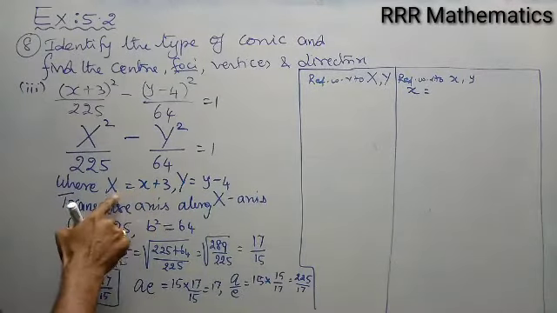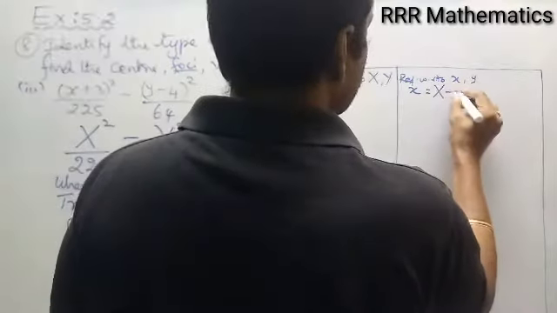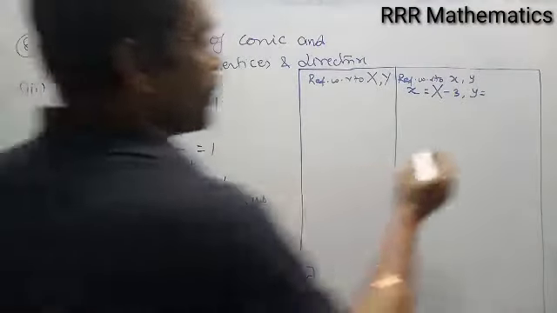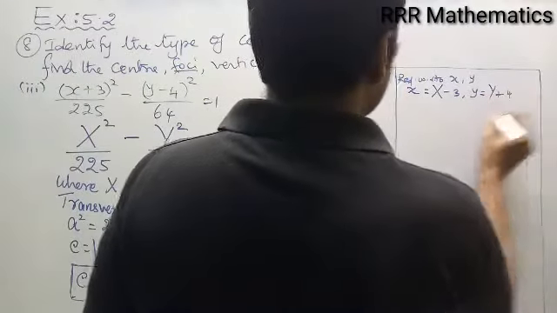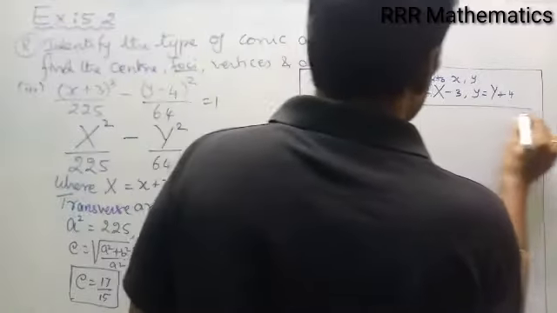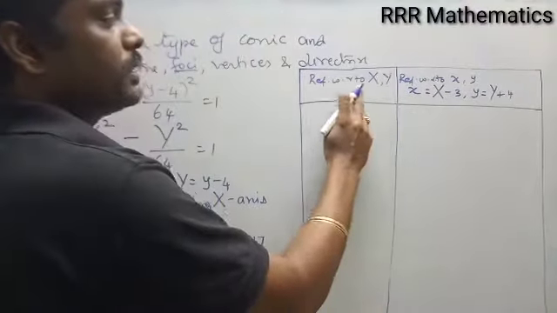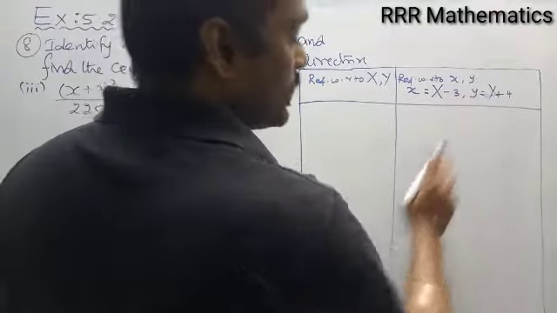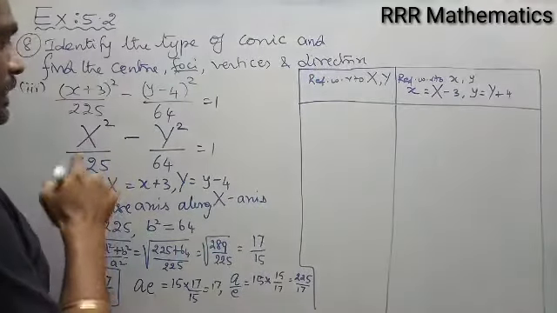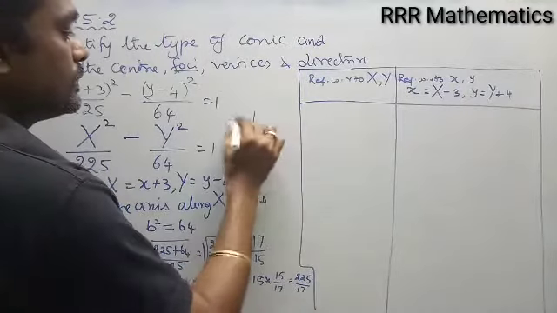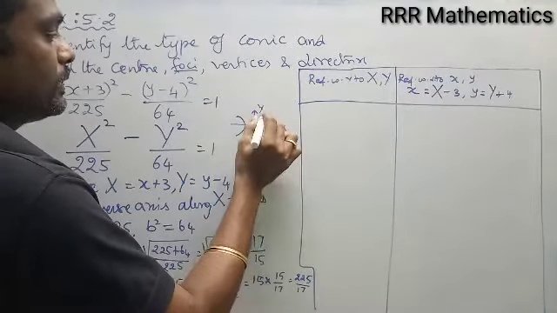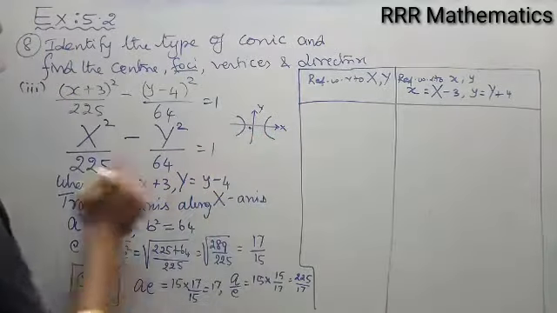From this one, capital X minus 3. Small y from this, capital Y plus 4. Got it? In this case, the dummy figure will be like this, according to capital X, capital Y.